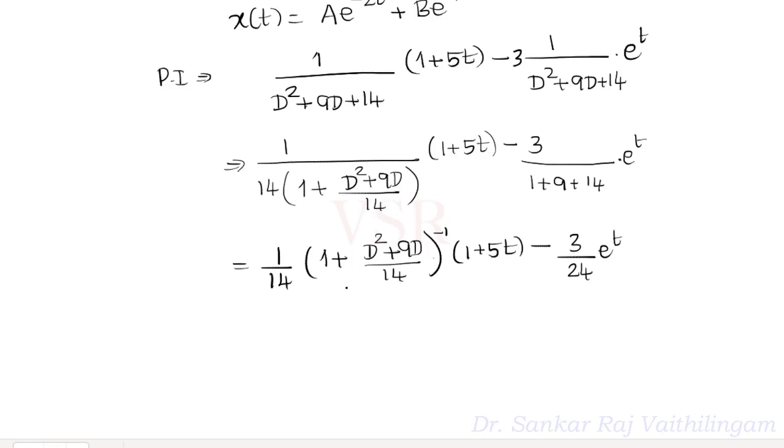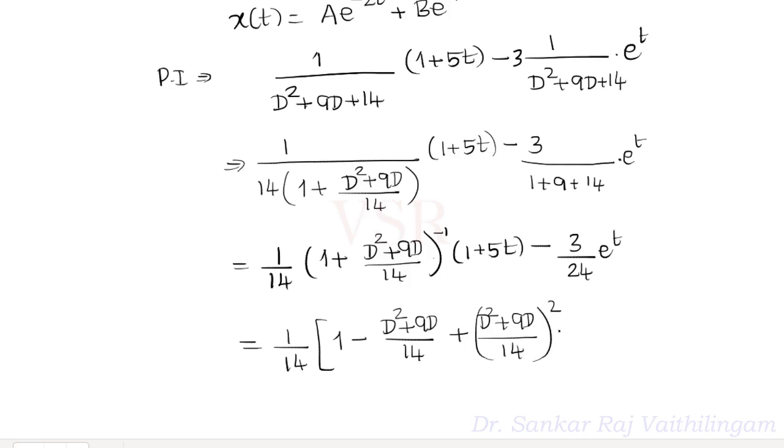This implies 1 divided by 14 into (1 minus (D square plus 9D) by 14 plus ((D square plus 9D) by 14) the whole square and so on) into 1 plus 5t, minus 3 by 24, so 1 by 8 e to the power t.